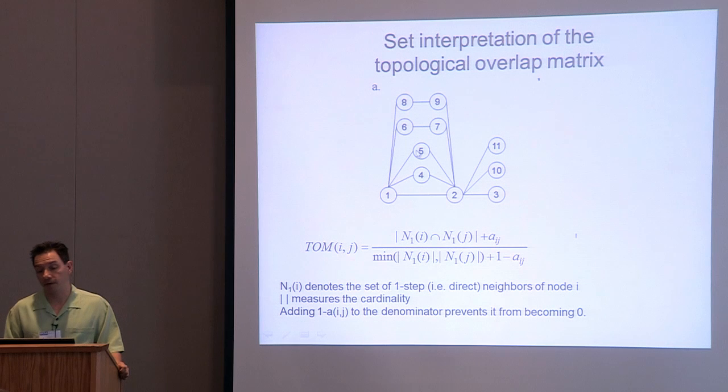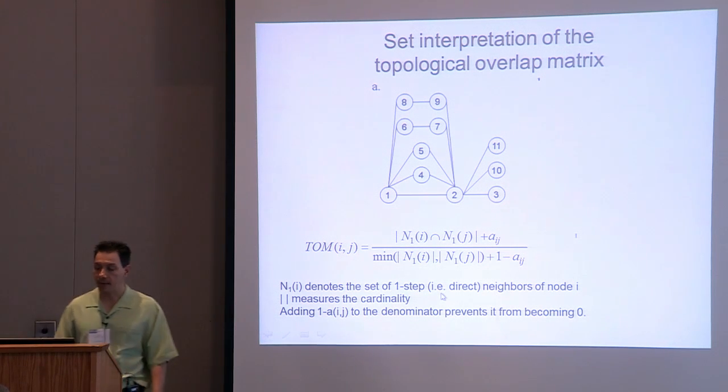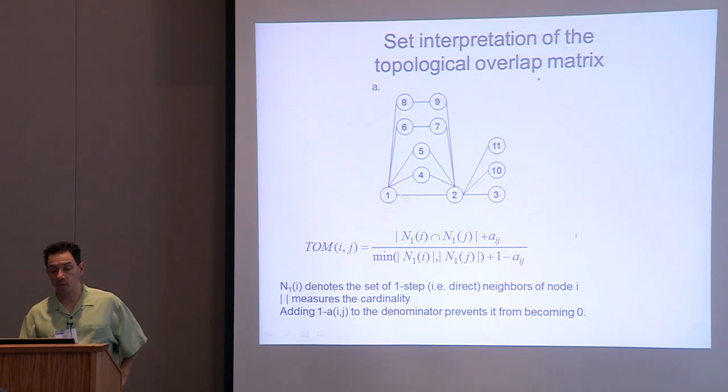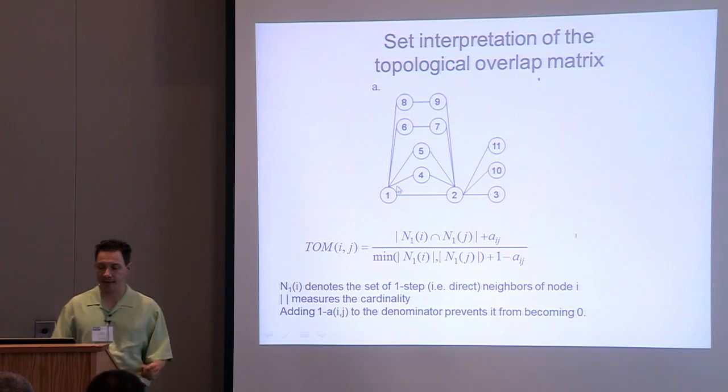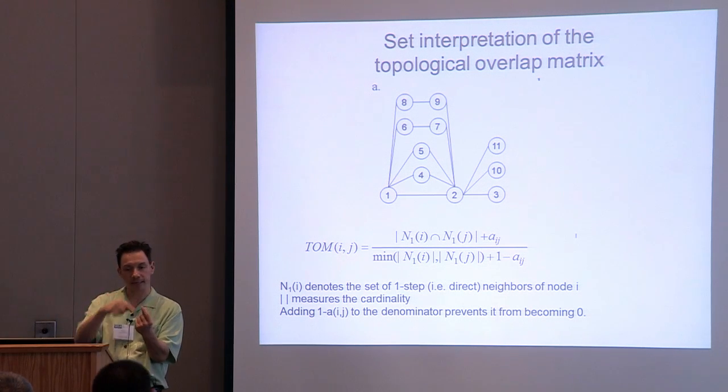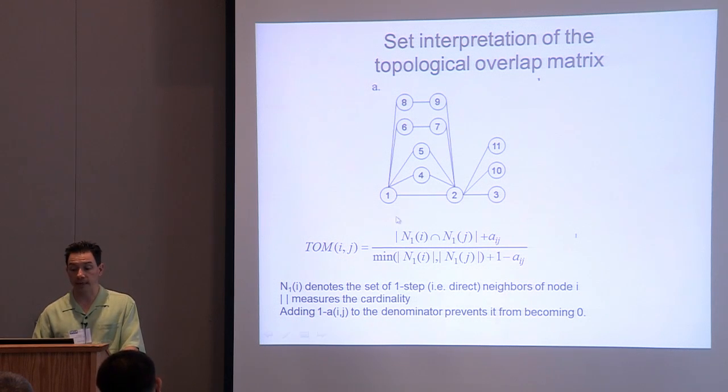So let's assume we have this network, and this is really an unweighted network. For node 1, you can ask what are its direct neighbors, meaning which nodes have an edge with node 1. And this set of direct neighbors of the ith gene is denoted by that. So that's the set of nodes around gene I that are one step away, meaning one connection away.